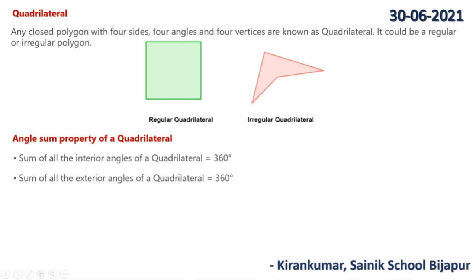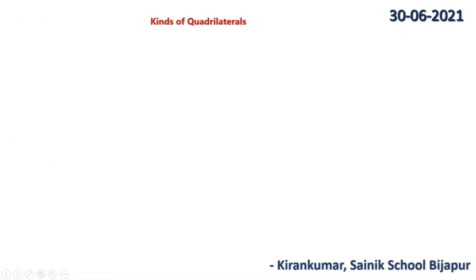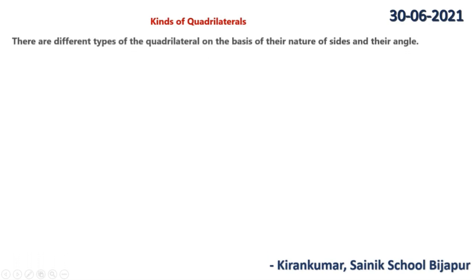There are different kinds of quadrilaterals. Depending on the sides, angles and diagonals, they are categorized. The different types of quadrilaterals are on the basis of the nature of their sides and angles.